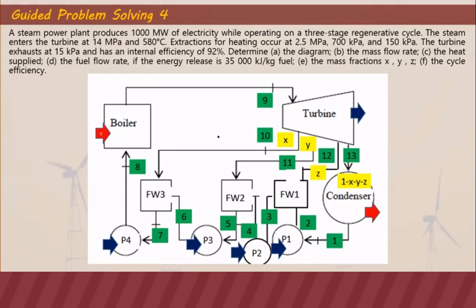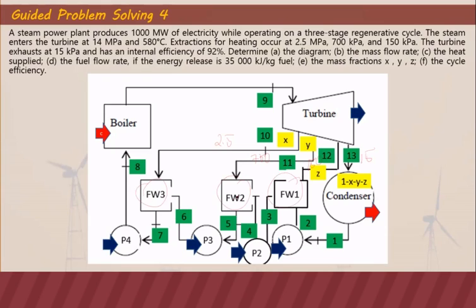So we have here 2.5 megapascal. Here at point 11 we have 700 kilopascal. At point 12 we have 150. And the pressure at point 13 is 15 kilopascal. We have 3 extractions because we have 3 open feed water heaters, as you can see here.